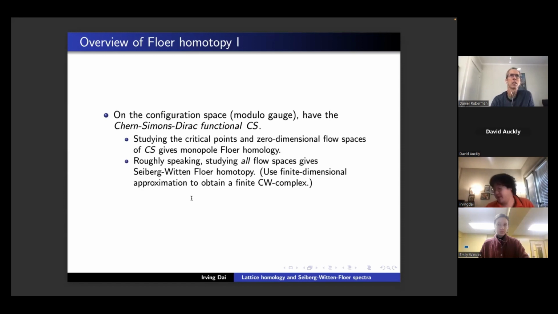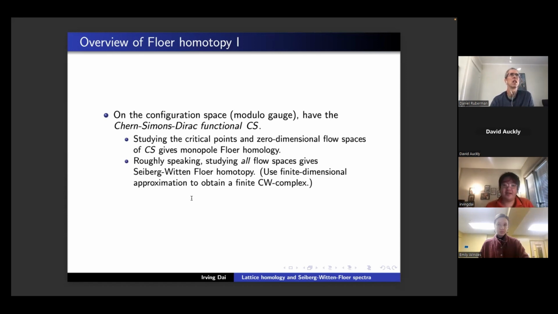In, let's say, monopole Floer homology, one studies the critical points of this functional, and you look at zero-dimensional flow spaces between critical points, or rather one-dimensional flow spaces modulo the action of R. When you do essentially the analog of infinite-dimensional Morse theory, one gets a chain complex, which of course is the monopole Floer chain complex. And this gives you the monopole Floer homology.